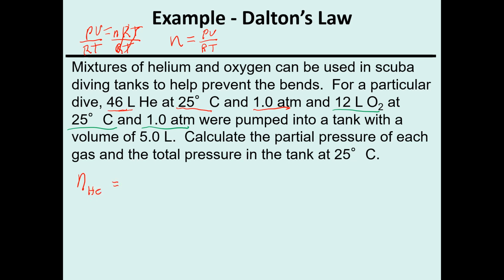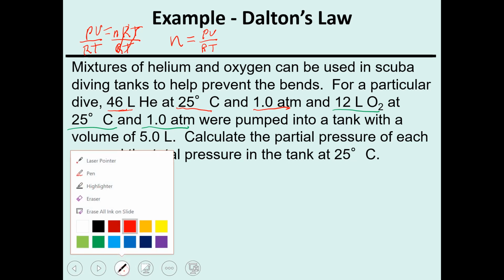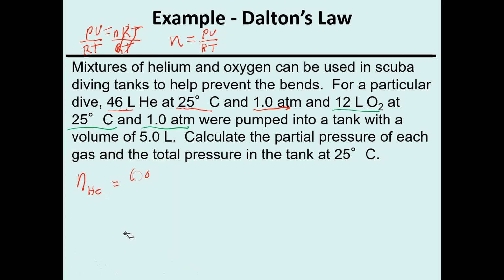So for the number of moles of helium, we're given a pressure of 1 atm and a volume of 46 liters. And we have the gas constant, which is 0.08206 liters times atm over Kelvin times mole.